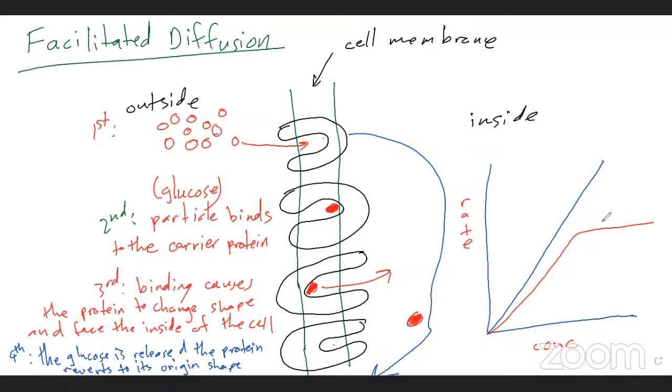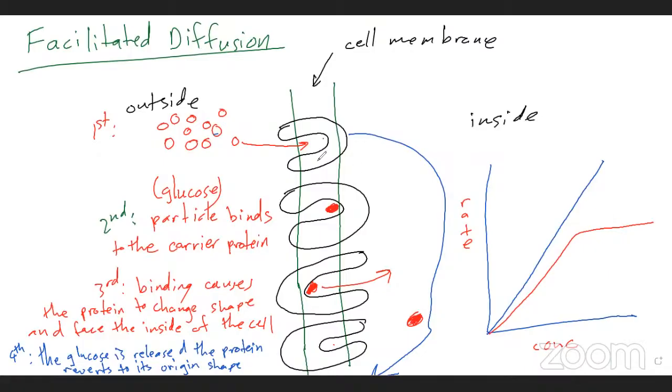And what would be happening for the carrier? What would cause it to not increase any further, even though you're increasing the concentration, and the rate just becomes constant?